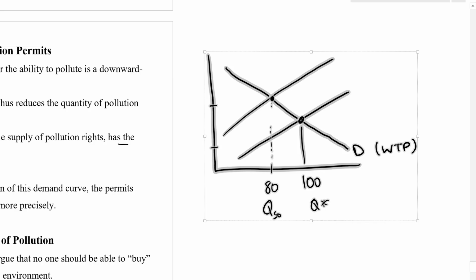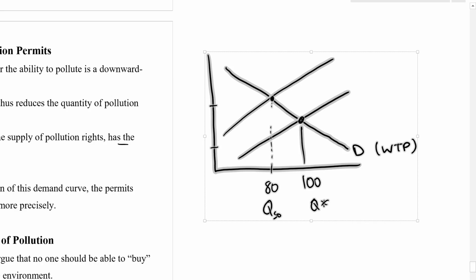And so in order to put the proper corrective tax into place, you have to know the shape and the slope of the demand curve, which is notoriously hard to estimate. So rather than trying to estimate if the demand curve looks like this or like this and what the appropriate tax would be, if we just make a pollution permit system and we say, okay, societal optimum is 80 units of pollution, well, then we issue 80 pollution permits, and then we're off.